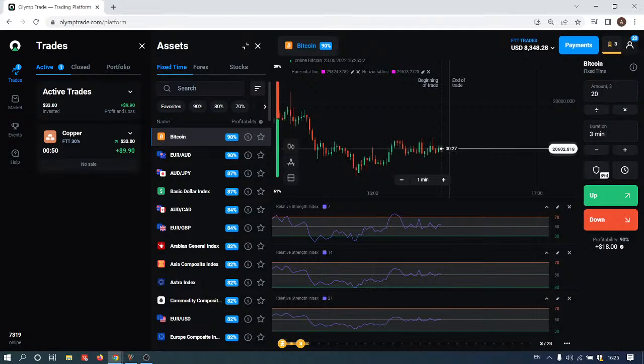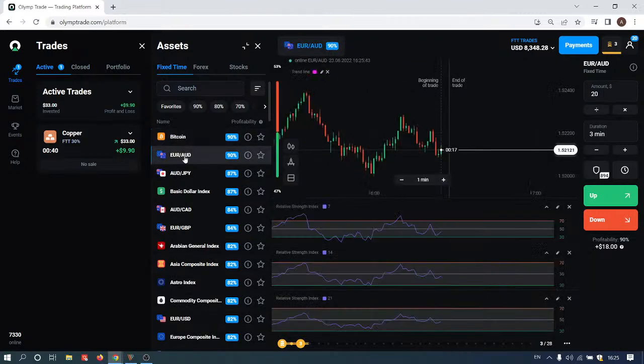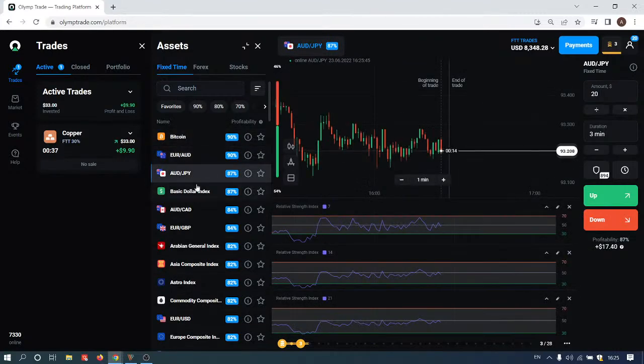Another question: which strategy is best for today's market? Well, in fact, the holy grail of trading doesn't really exist. It just doesn't exist.